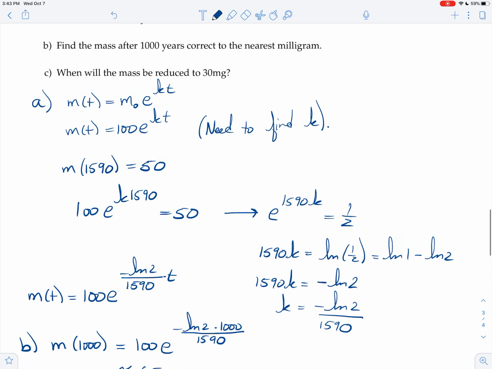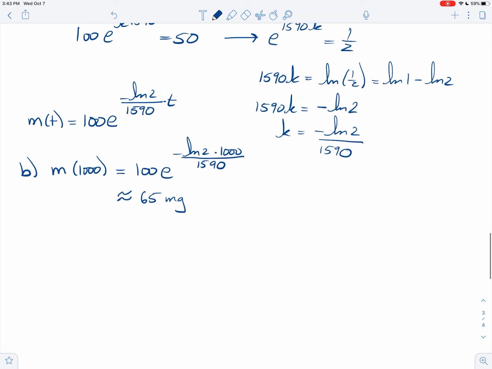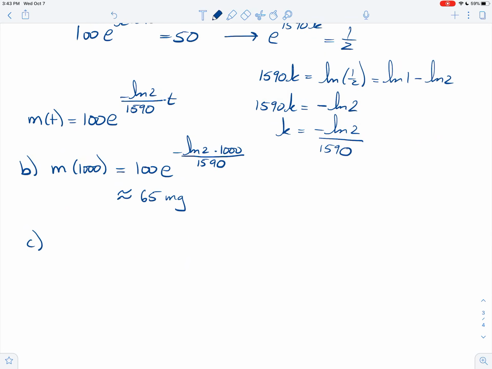I like part C. It says, when will the mass be reduced to 30 milligrams? Well, when is a question of time. It says when. That means your answer should be at t equals. And so m of t tells you the amount present at time t, and you want the amount present at time t to be 30. Now we're going to solve this equation for t.